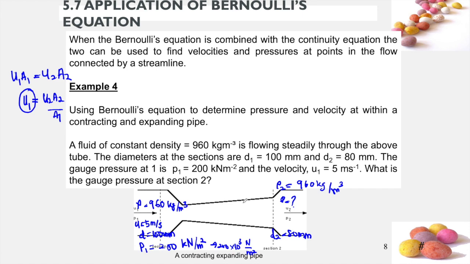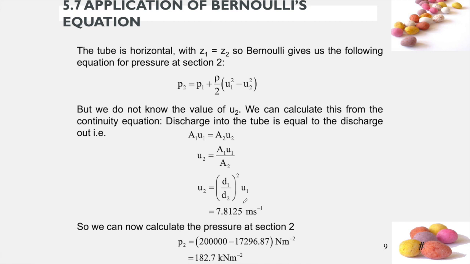Now we will apply Bernoulli's equation between point 1 and point 2. So we will get P1 over rho G plus U1 square over 2G plus Z1 equal to P2 over rho G plus U2 square over 2G plus Z2.